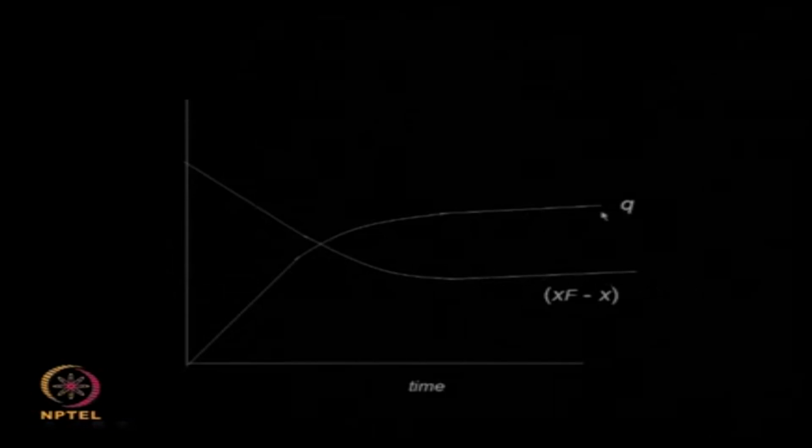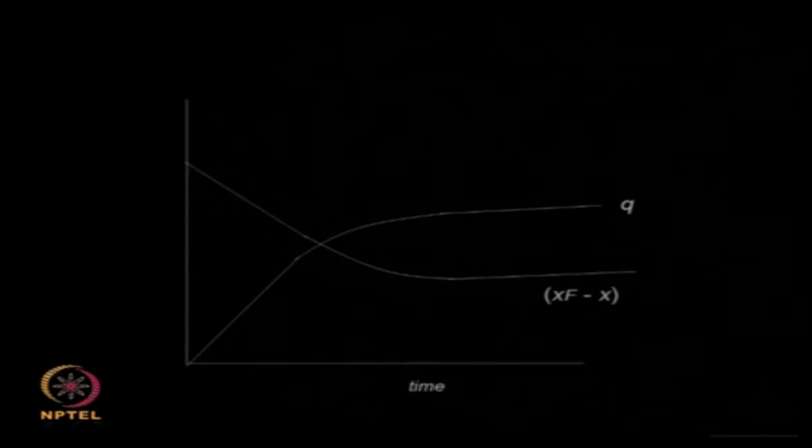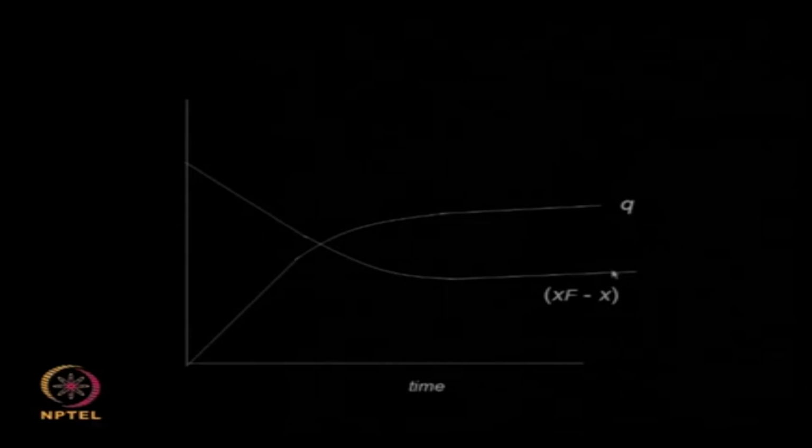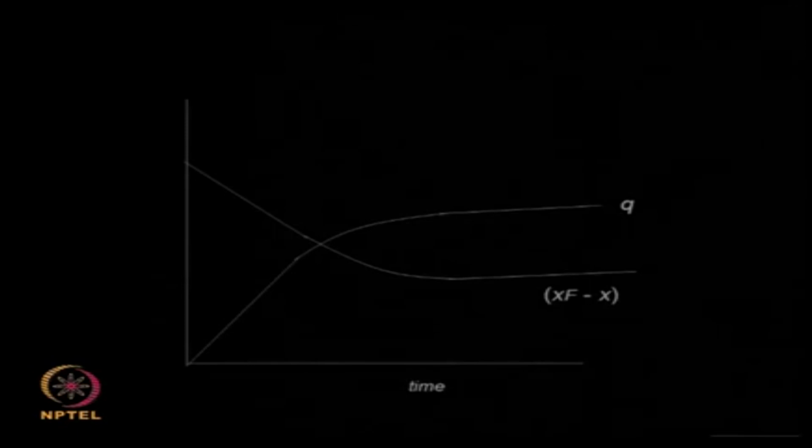So after some time the adsorbent does not have any capacity to adsorb the solute, that is why you can see it flattens out, it is not going down further, because the number of sites available is fixed, so the amount adsorbed is also fixed.